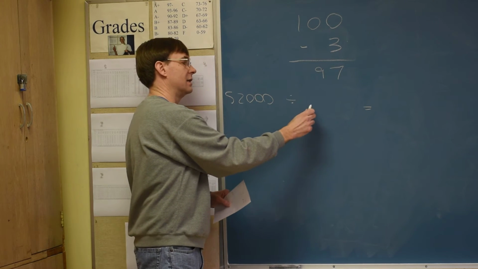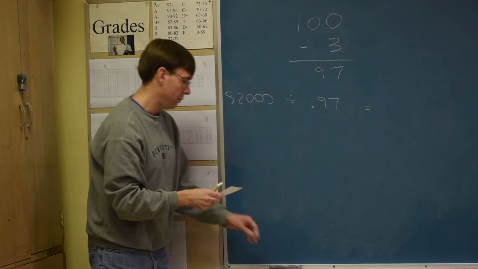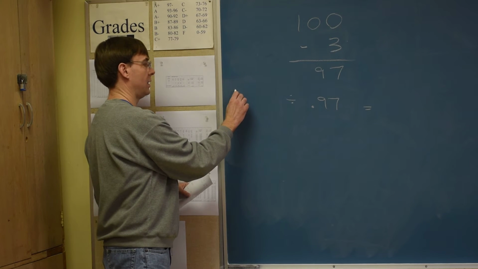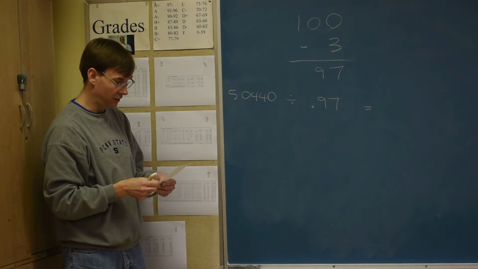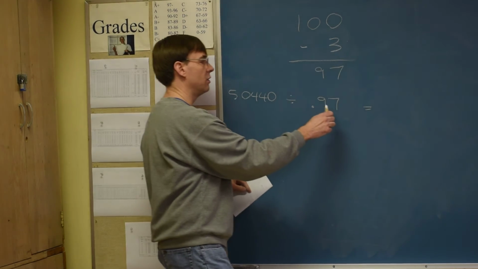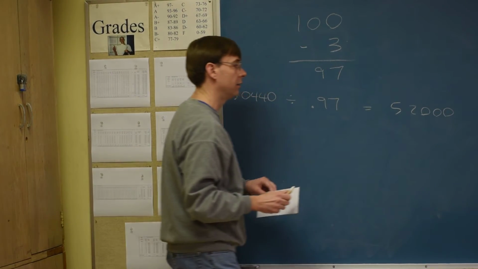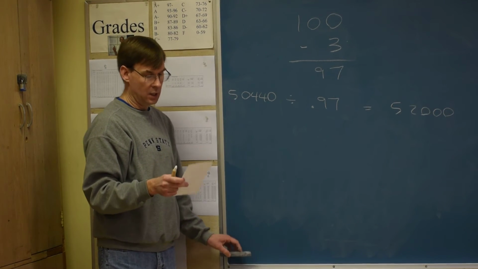Well, 97 is a decimal, it's 0.97. Look, I gave you the wrong number, sorry. Gave away the answer already. This should have been, the population after the shrink is 50,440. Before the shrink, if you divide that, it is going to grow to 52,000, and that's the kind of thing we're doing.